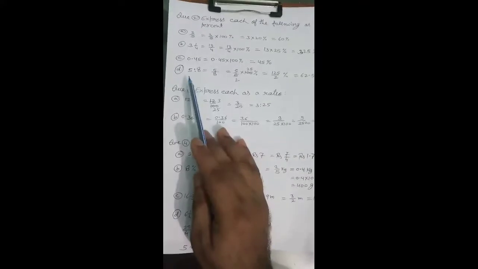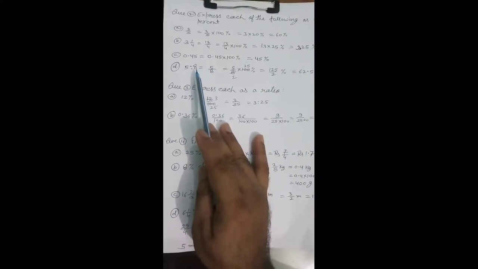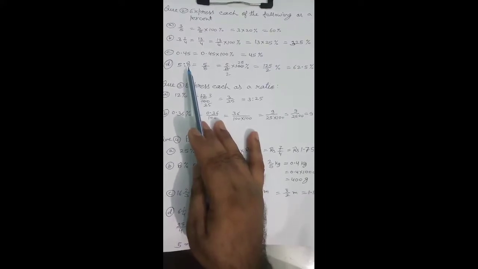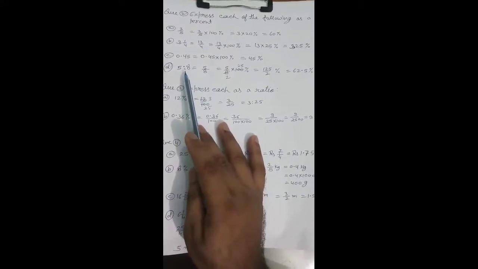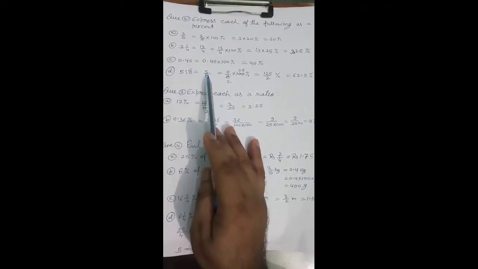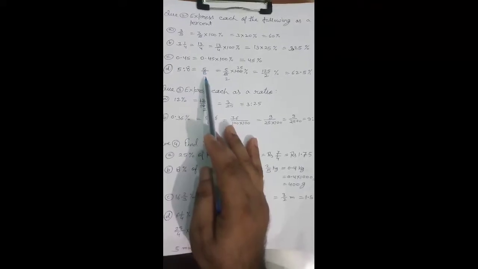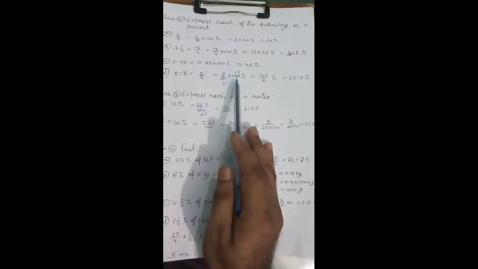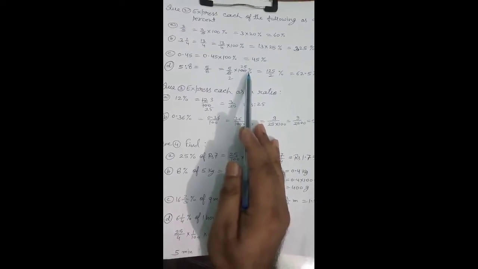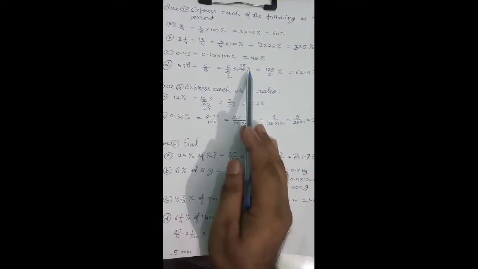Now see, this is the ratio 5:8, and we have to convert it into percentage. 5:8 means 5 upon 8. We know that when a ratio is converted into fraction, this is the form. 5:8 is 5 upon 8. When 5 upon 8 is converted into percentage, it will be multiplied by 100%. So 5 upon 8 into 100%. Now simplify it.